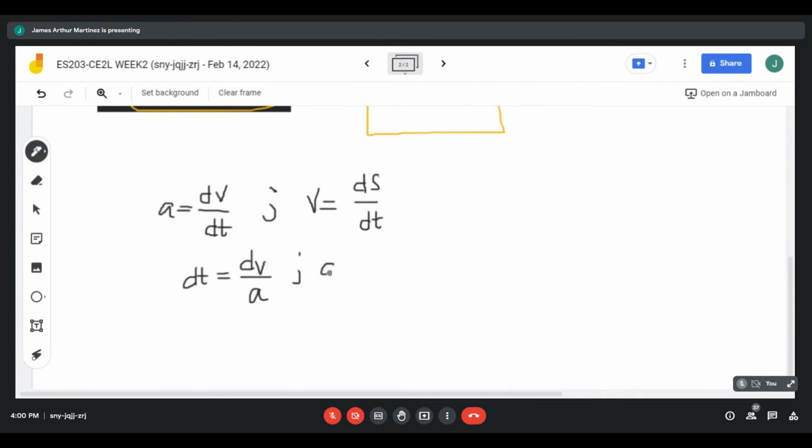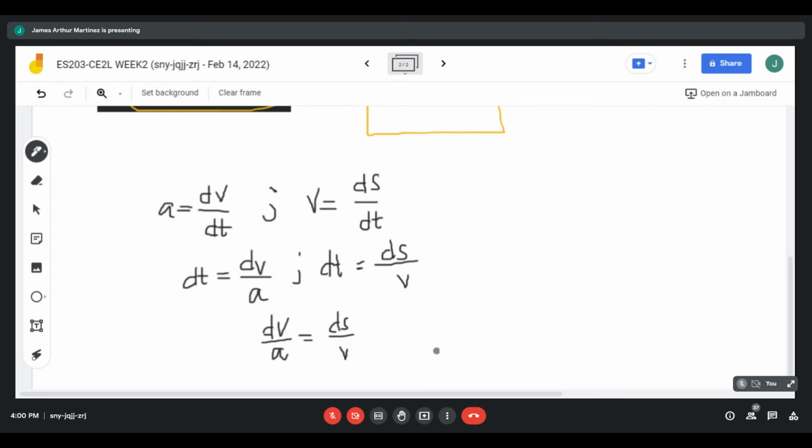And also, from instantaneous velocity, we express dt in terms of ds over v. By equating them, you will achieve this equation: dv over a is equal to ds over velocity.